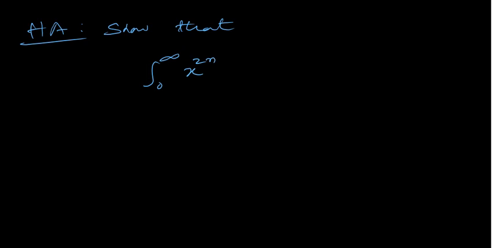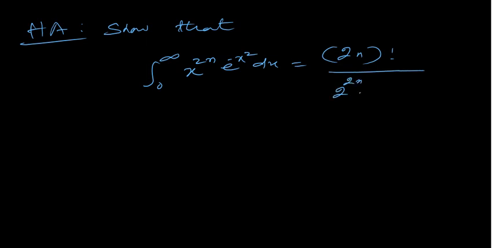The first home assignment for you: evaluate the integrals, or show that the integral from 0 to infinity of x power 2n times e power minus x square dx is equal to 2n factorial divided by 2 power 2n times n factorial, times root of pi by 2.